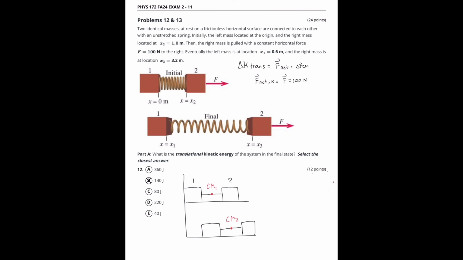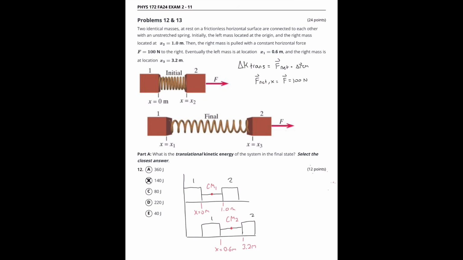So this will be 1 and 2, this will be 1 and 2. This will start at x equal to 0 meters. This will start at x equal to 0.6 meters. This will end at 3.2 meters. And this will end at 1.0 meters.